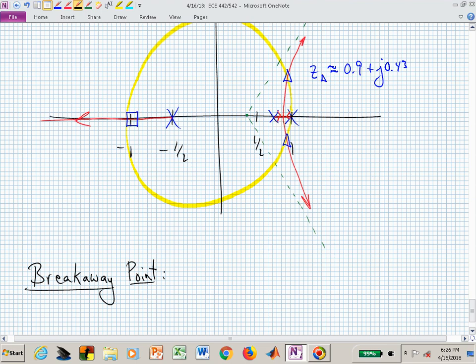We use the geometric mean to determine a breakaway point when we had what pattern of poles and zeros? When was that in play? That was actually a special case when we could use the geometric mean, wasn't it? That's when we had 2 poles and a 0, where the 2 poles were to the right of that 0. Now what we're looking for is the relative maximum of our gain k between 0.75 and 1.